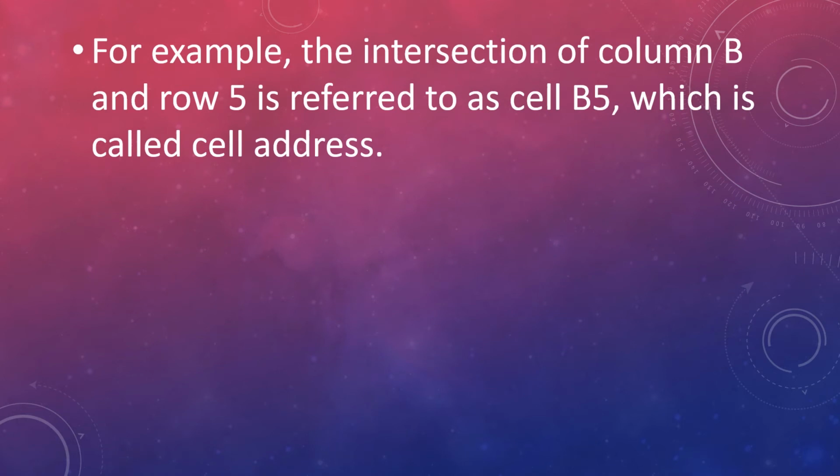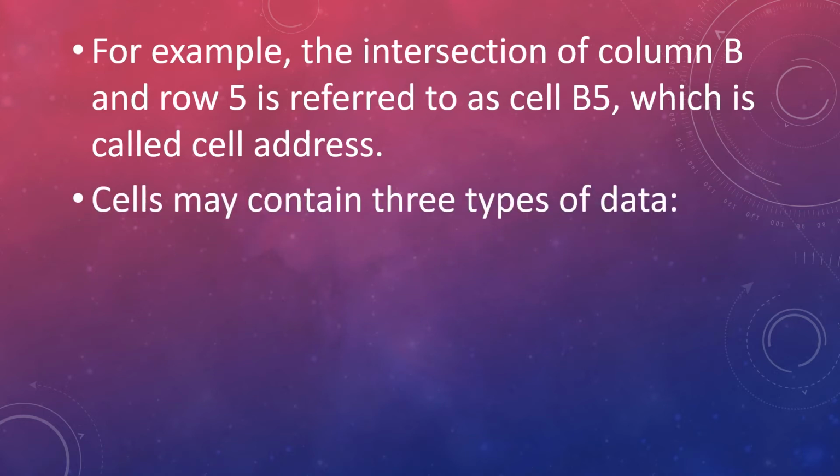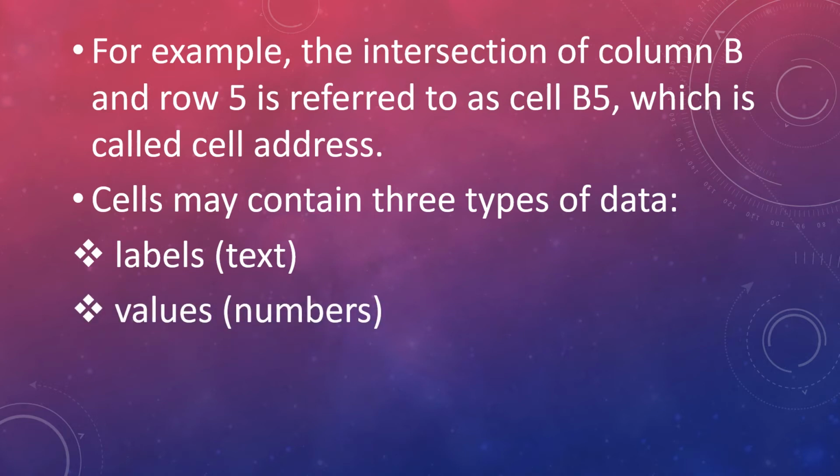For example, the intersection of column B and row 5 is referred to as B5, which is called the cell address. Later on, I am going to explain how you can address the cell. A cell may contain three types of data: labels, that is text, values, that is numbers, or formulas.